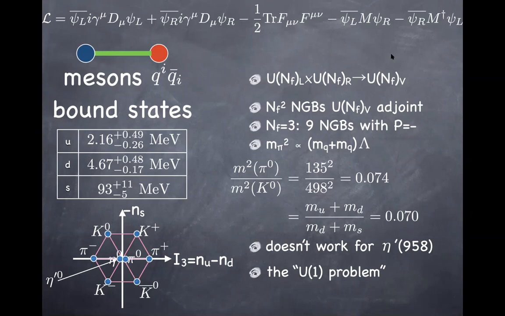Any other questions here? And actually, the reason why these are regarded as Goldstone bosons is really that Nambu came up with this idea of spontaneous symmetry breaking specifically for the purpose of understanding why the pions are so much lighter compared to protons and neutrons.